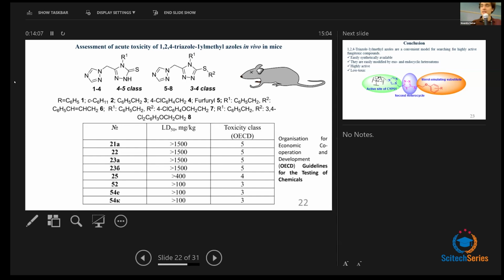For example, in vivo tests in mice, we test and they are not so highly toxic, and they are belonging to 5 and 4 and 3 classes of toxicity by OECD.